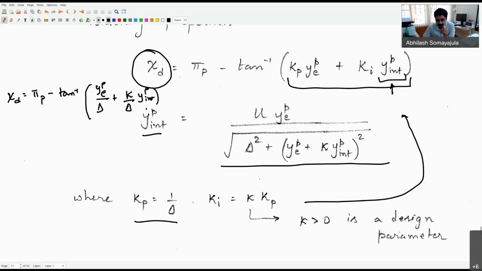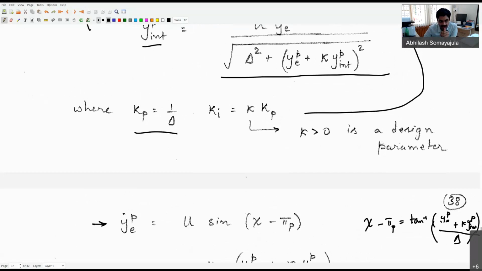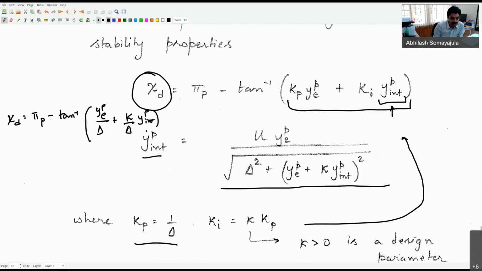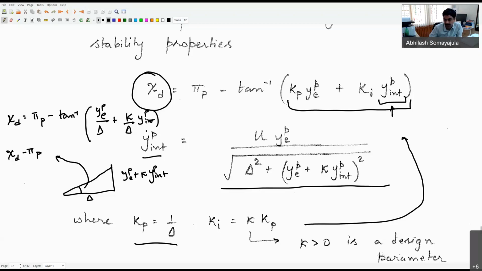Now, when I want to compute this angle of chi d minus pi p, I'm basically looking at a triangle. This angle of chi d minus pi p is a triangle whose height is ype plus k times yp int, and the base is delta. That is that angle. Everybody with me so far?